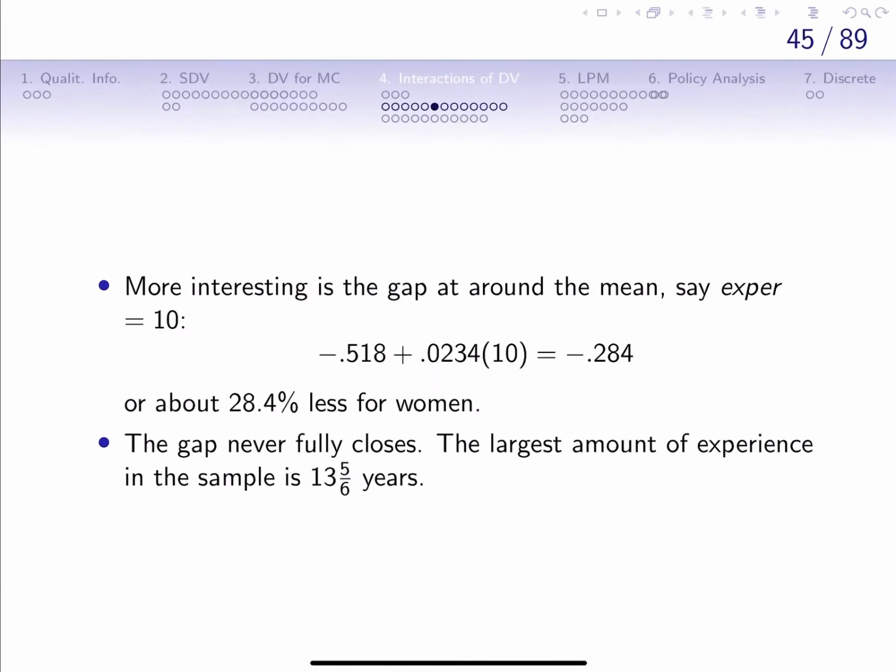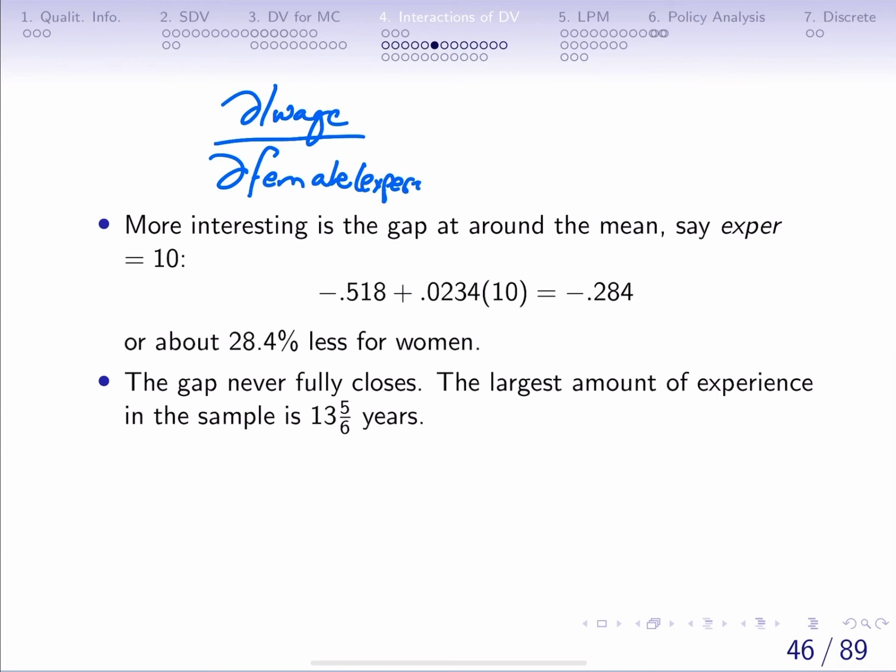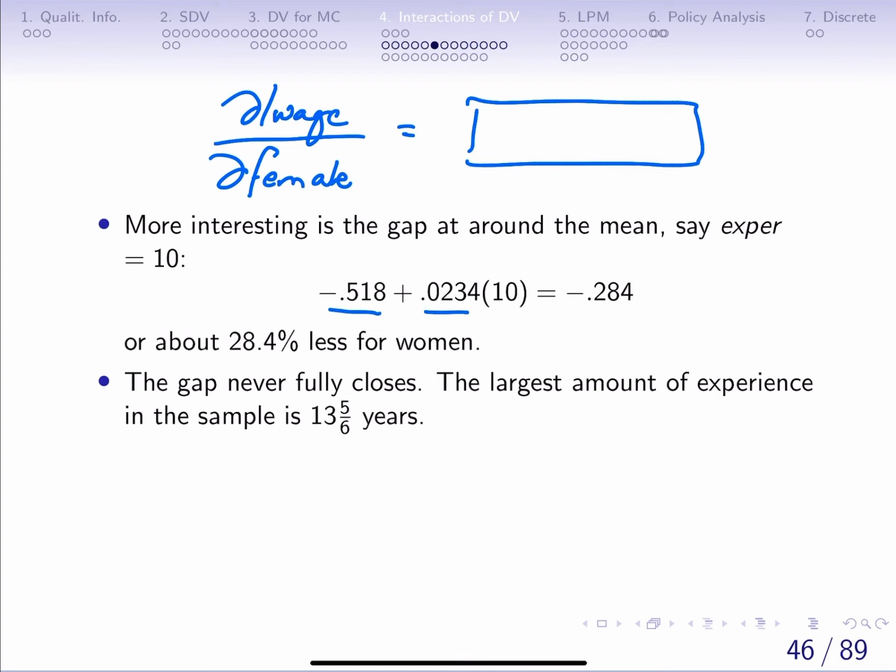So what you might want to do is maybe look at what is the difference at the mean. So if you were to calculate the partial effect of being female at experience equals 10, I shouldn't write it here, but basically you take the expression that we had before and you plug in experience equals 10, you would get this, right?